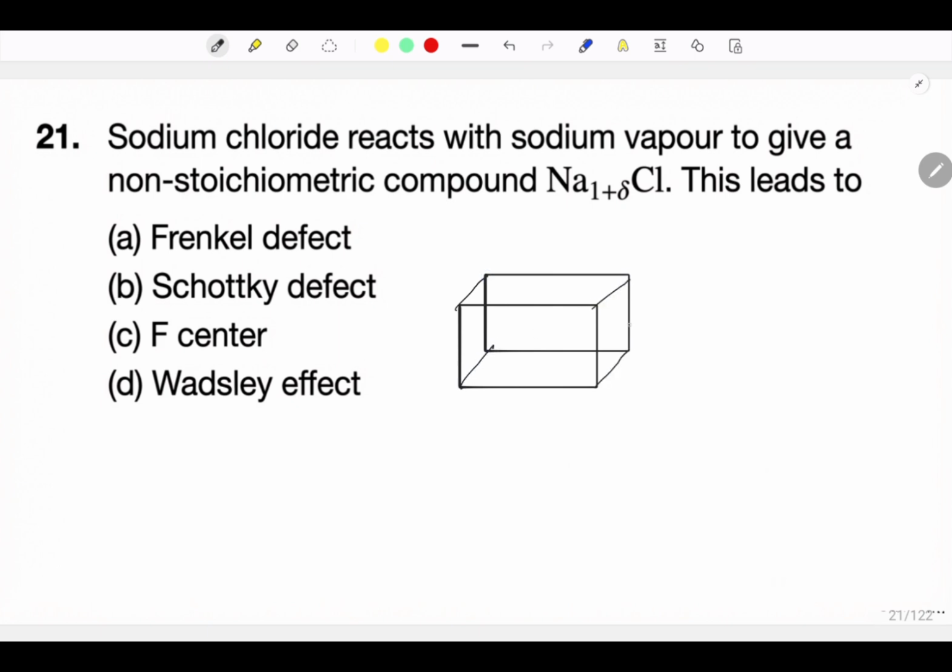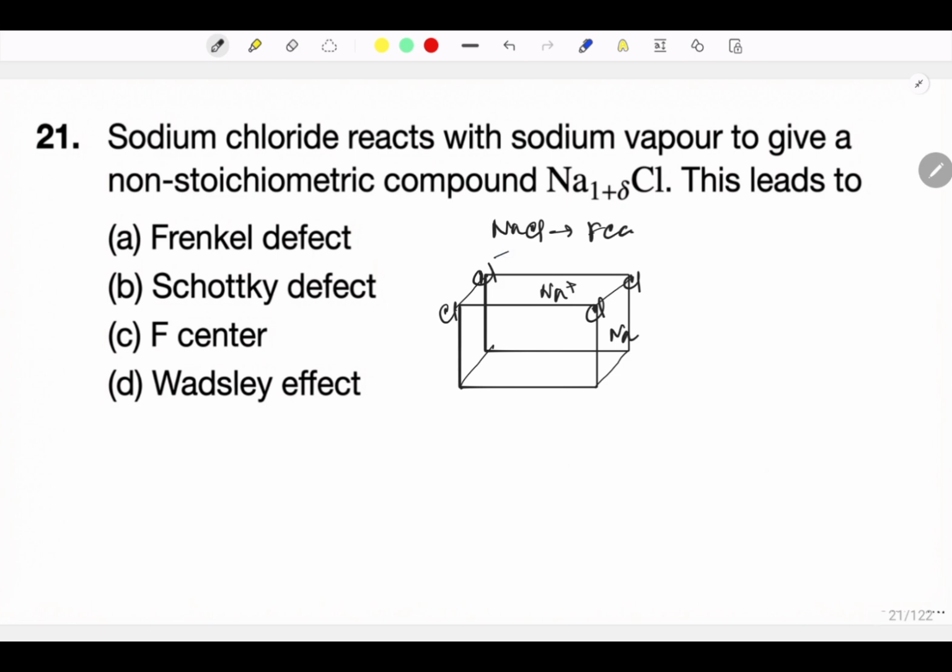We know that NaCl will form an FCC kind of lattice. Suppose this corner is occupied by chlorine, and the Na is like this.